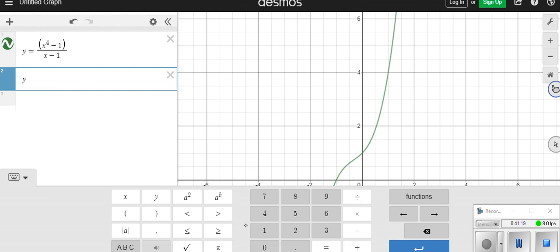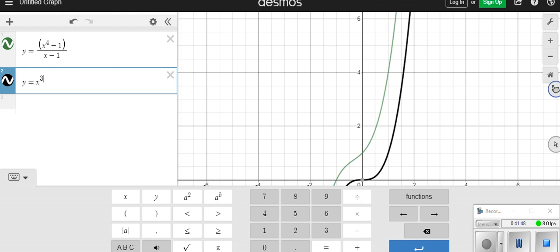So let's do y equals x cubed, plus x squared.